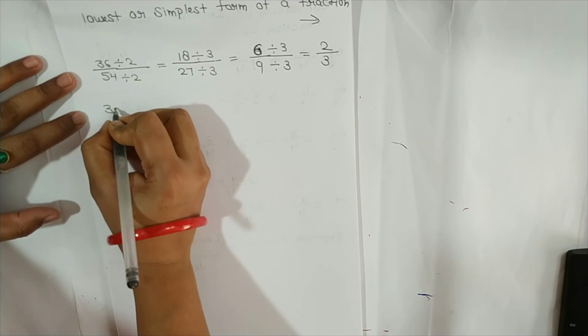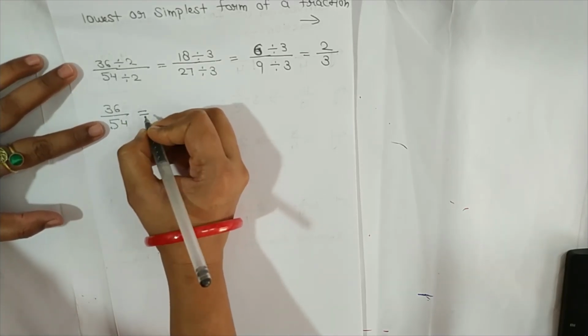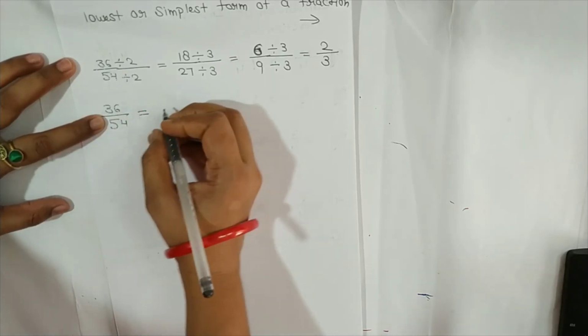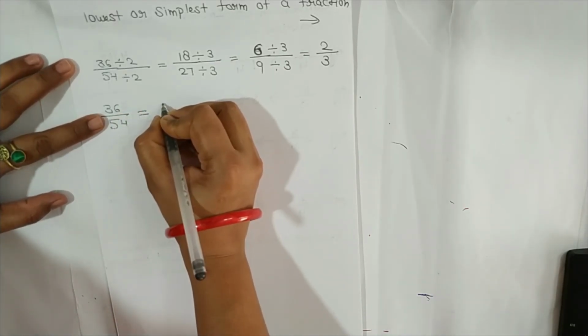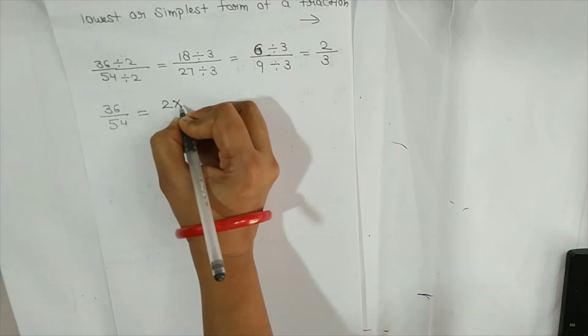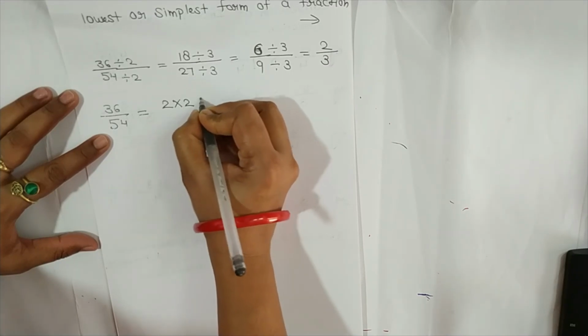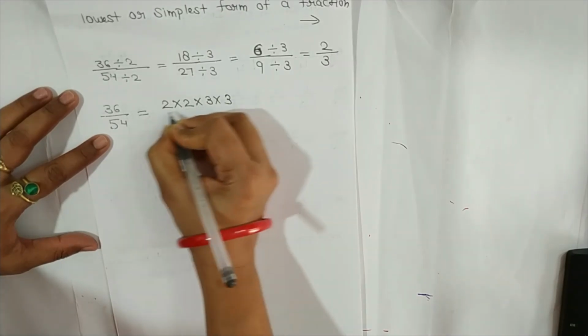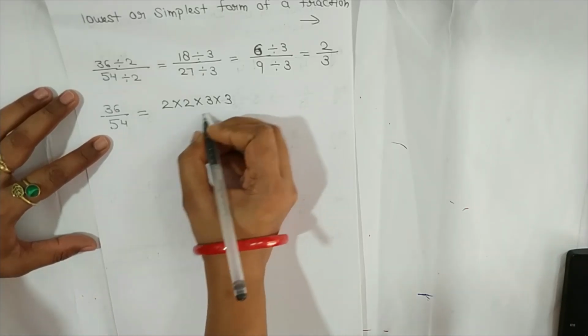Suppose the same example, 36 upon 54. Now you can find the factors of 36. So it can be written as 2 multiplied by 2 multiplied by 3 multiplied by 3: 2 2s are 4, 4 3s are 12, 12 3s are 36.